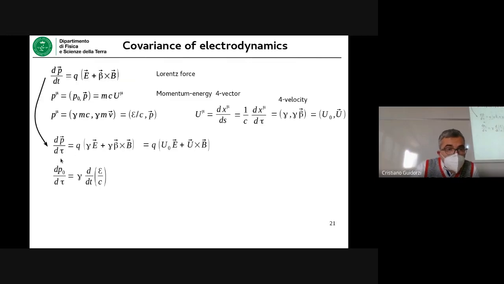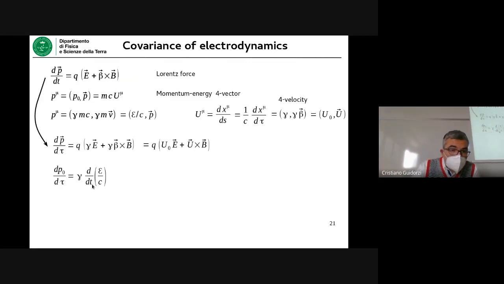Now let's consider energy. The time derivative of P0 is energy over c, so instead of P0, I simply wrote energy over c. Instead of d tau, I considered again dt over gamma, d tau equals dt over gamma.